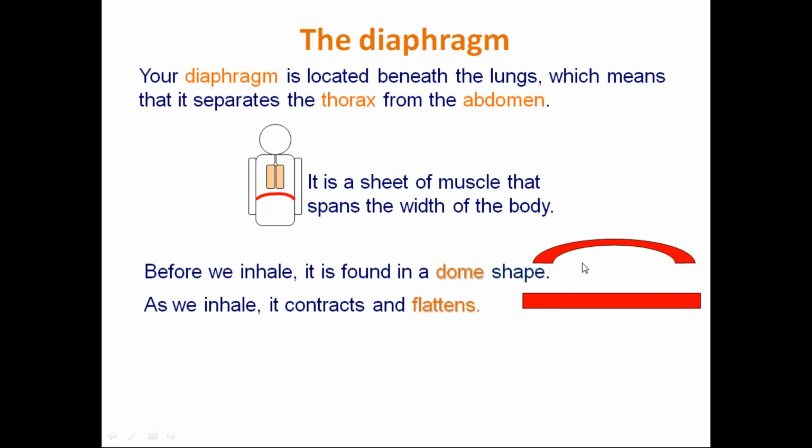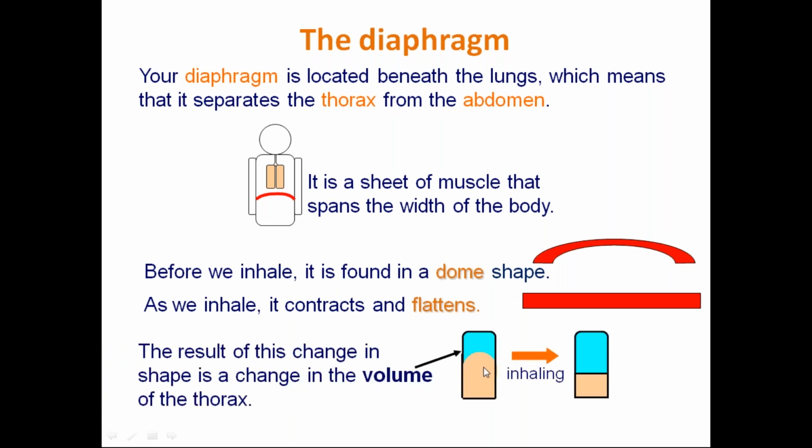And when you inhale, your lungs, above the diaphragm, kind of push it downward. So this is what is going on. It was like this, and now when you inhale, it becomes like this. When you breathe out, the opposite is going to happen.